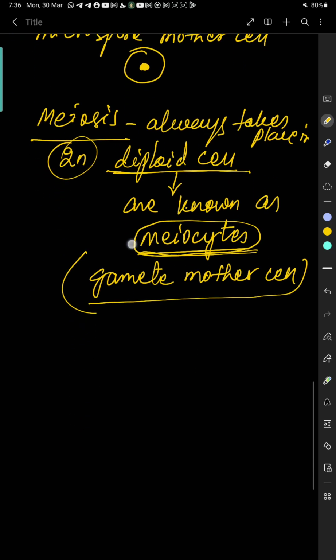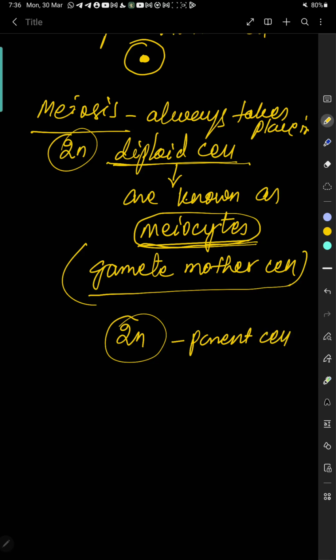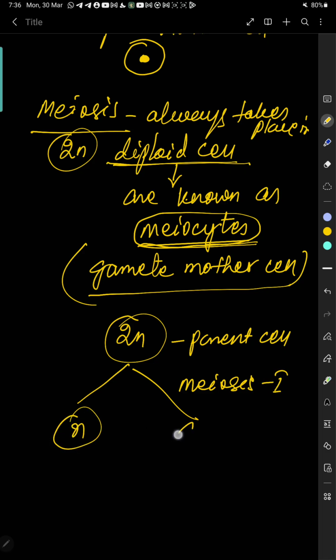So in meiosis what happens? The parent cell divides twice. That is meiosis 1, in which two daughter cells are produced which are haploid.